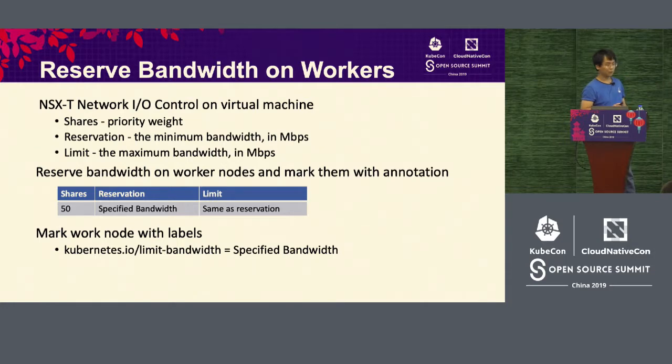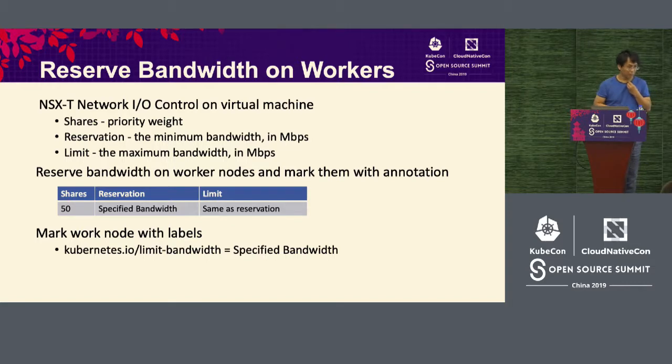And this is about the detailed steps. The first step, on the workload, you need to reserve sufficient bandwidth. With the NSX feature, that is I/O control, we can set the same share for each of the nodes. And share means priority weight. When there is a traffic jam in the network, you need to think about who has the better priority.